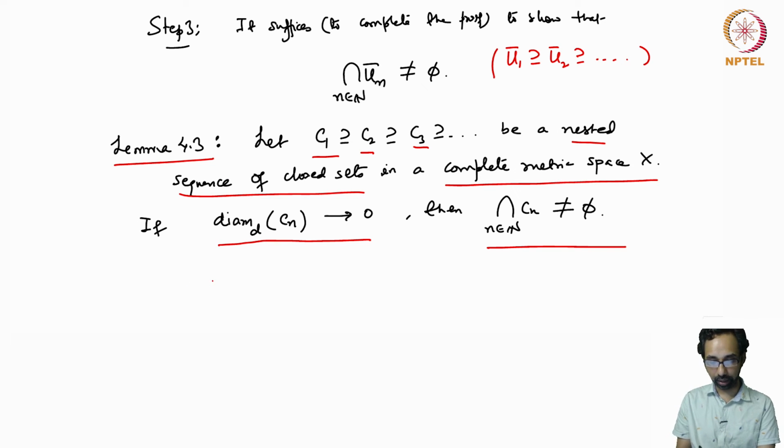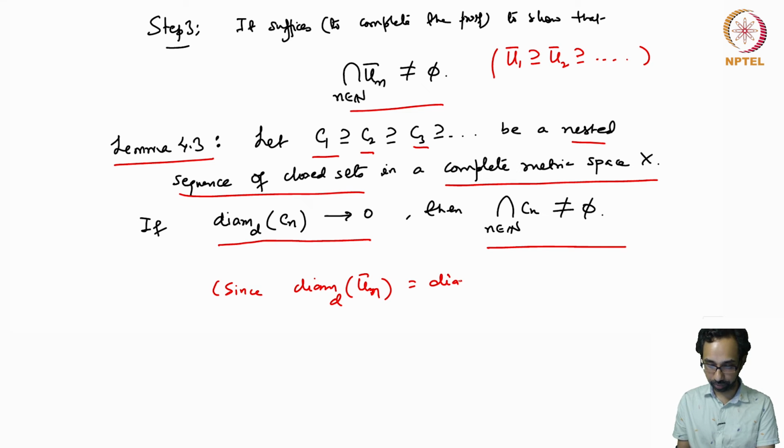And we have immediately from this lemma that this intersection is non-empty, since the diameter of Un closure is equal to the diameter of Un, and this is less than 1 by n.